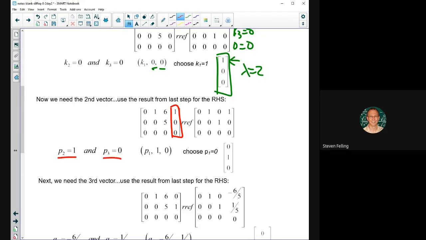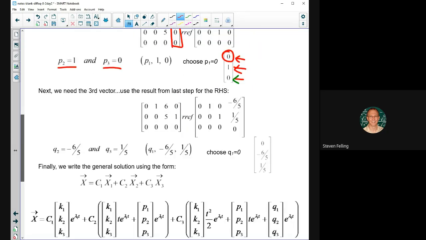So P1 again can be anything, but P2 specifically has to be 1 and P3 is 0. I could choose this to be anything, might as well make it a 0. As long as it has a non-zero length, we're good. So I'm choosing 0, 1, 0. We could also have chosen 10, 1, 0 or negative 50, 1, 0. You just need to make sure that the entire length is not 0.